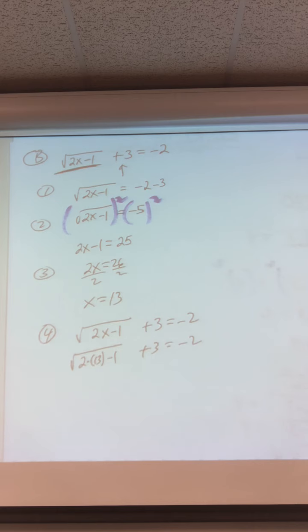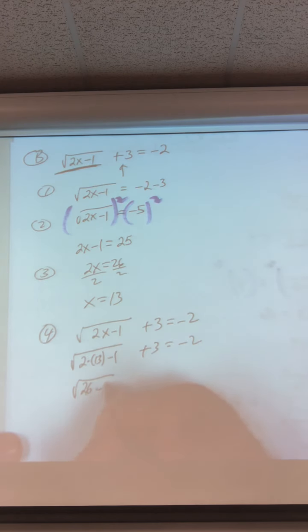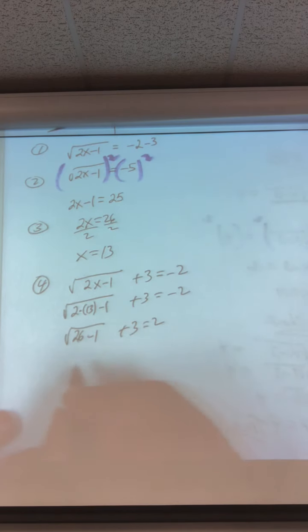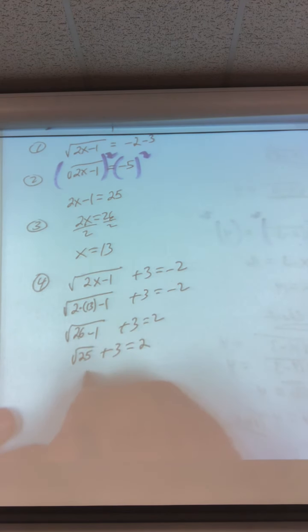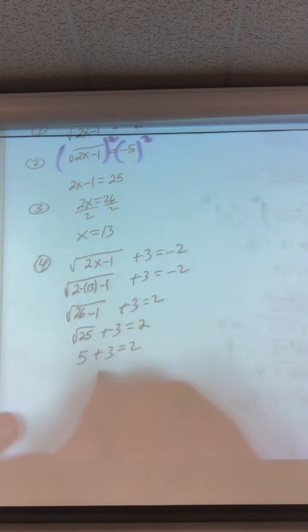When you're checking, just plug the number in and check it. So 2 times 13 is 26 minus 1 plus 3 equal 2. Do the math. Square root of 25 plus 3 equal 2. Square root of 25 is 5 plus 3 equal 2.